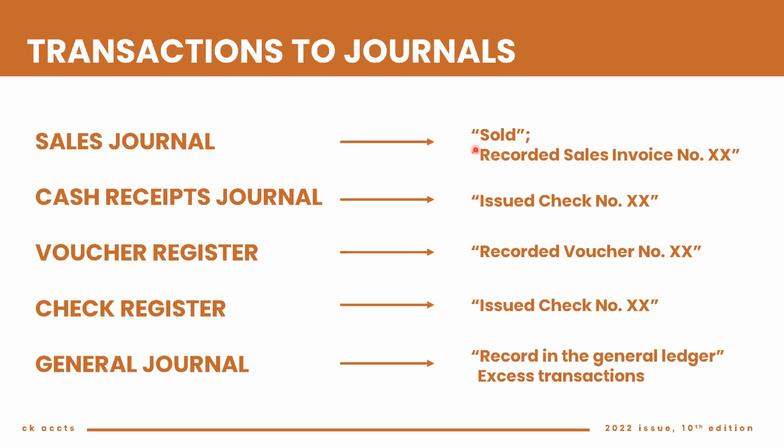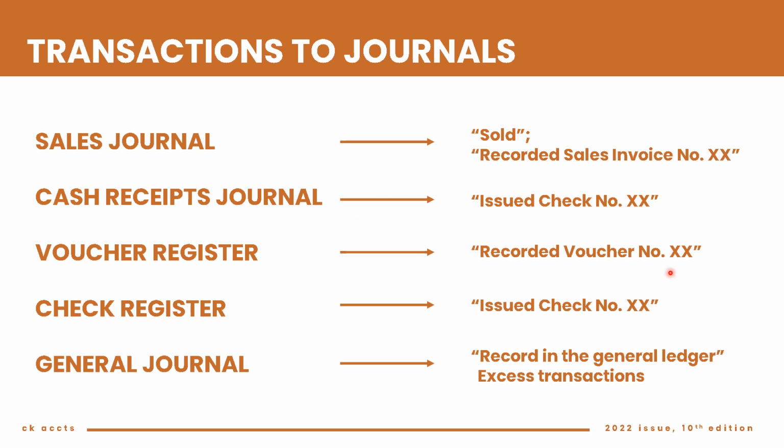So, for example, we have transaction na may nakalagay na sold or kaya recorded sales invoice number XX. Ibig sabihin, sa sales journal dapat siya ilagay. Okay? And for the transactions na may issued official receipt number, sa cash receipts journal naman yan.